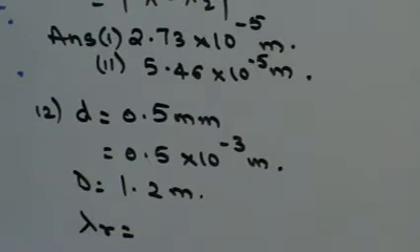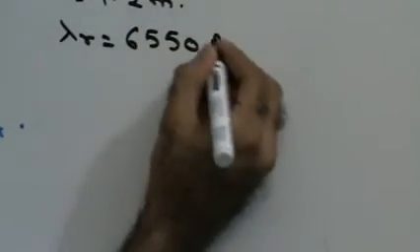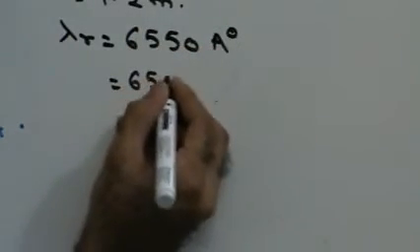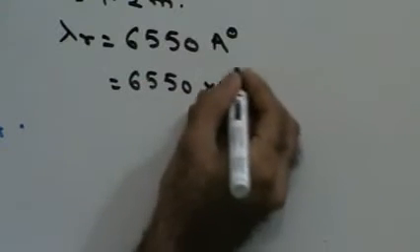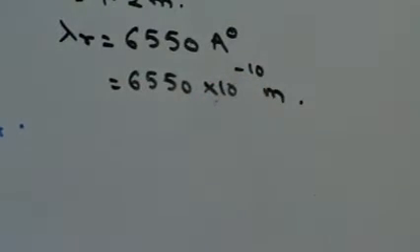The slit is illuminated by red light of 6,550 Armstrong units.